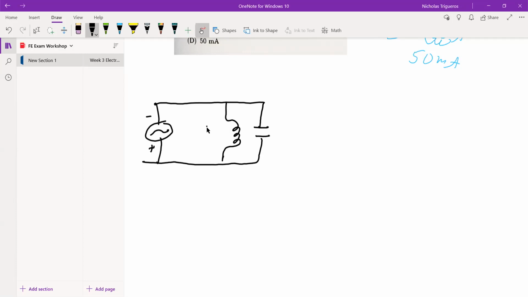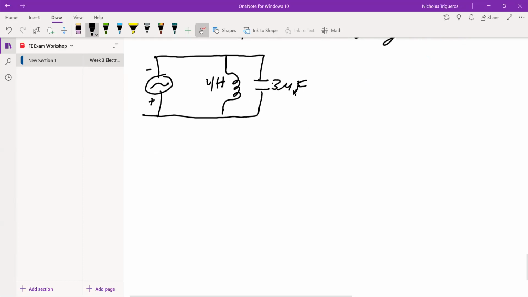Here, this is going to be 4 henries and 3 microfarads. What is the resonant frequency? We want the resonant frequency. And we get some answer choices. All right.